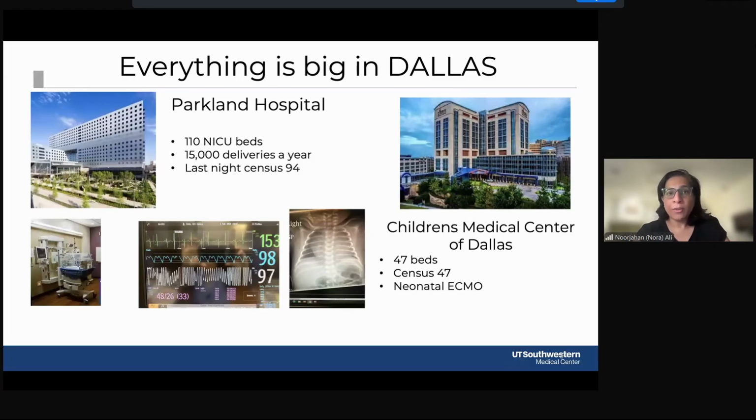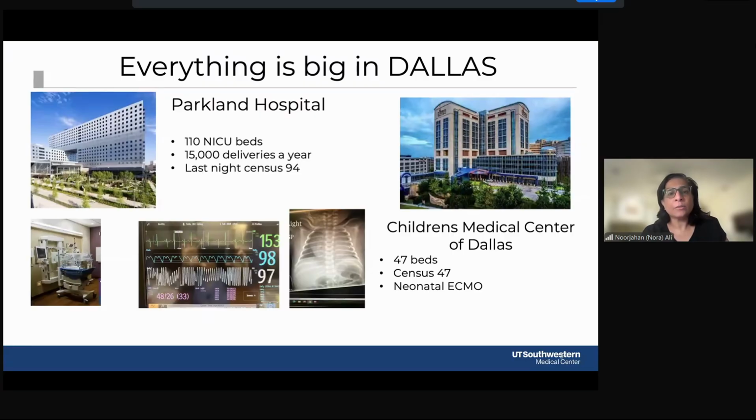I don't know how many of you have been to Dallas. If you have, everything is big in Dallas. So this is to give you a perspective of what our hospital looks like, where I work. Parkland Hospital is our main delivery hospital. We have about 15,000 deliveries a year.